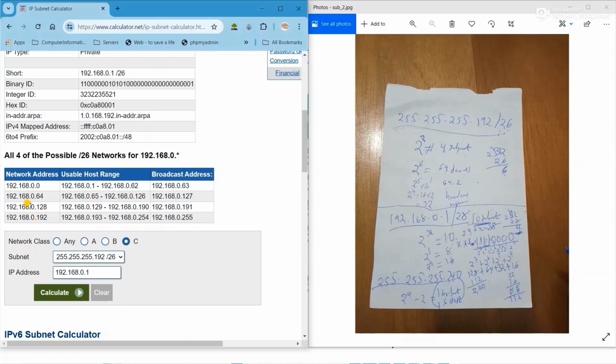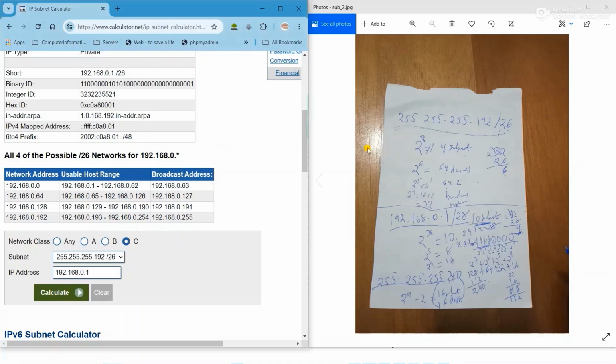The network address just helps you know which network you're on. If I'm on this network of 0.0, there's no way I'm on a different subnet. The network address is just for you to know which network all the IPs are working with.